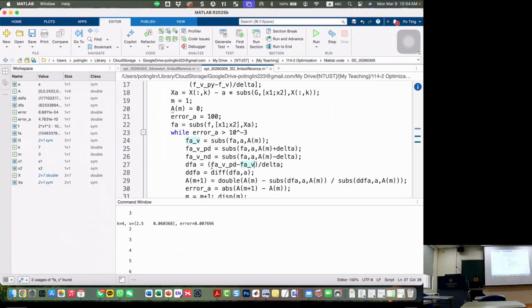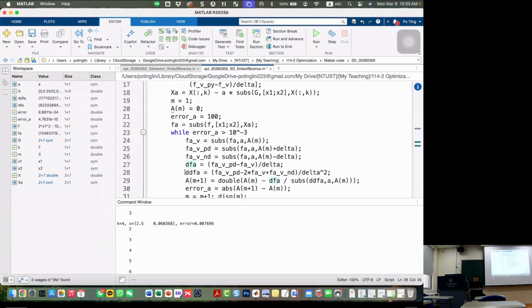And the second order derivative can be derived by this, divided by delta squared, and here minus 2 times this, plus the negative one.